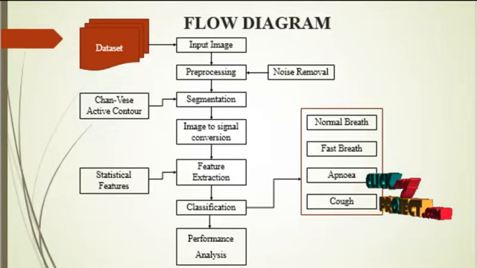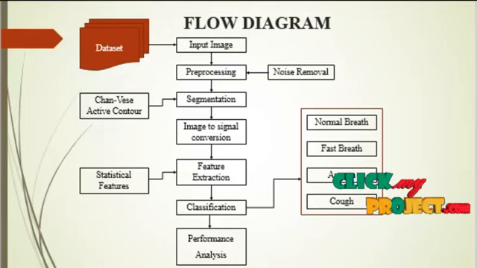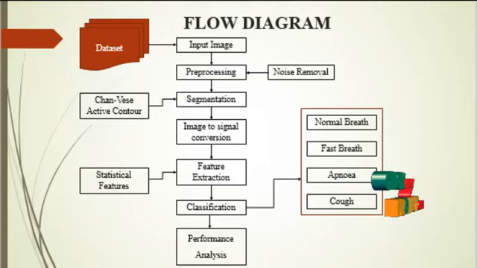This process is called feature extraction. The features are expected to contain the relevant information from the input data, so that the desired task can be performed by using this reduced representation instead of the complete initial data.